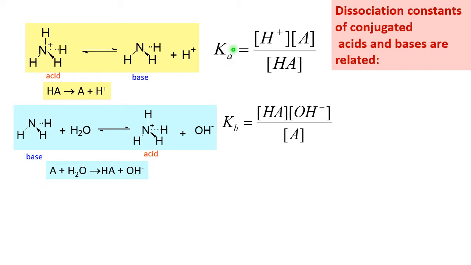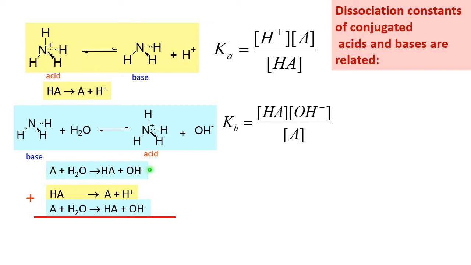Now, these two constants describe essentially the same process. This is the forward reaction, this is the reverse reaction, so they must be related. Let's add these two equations, the base equation added to the acid equation algebraically. What we'll have?